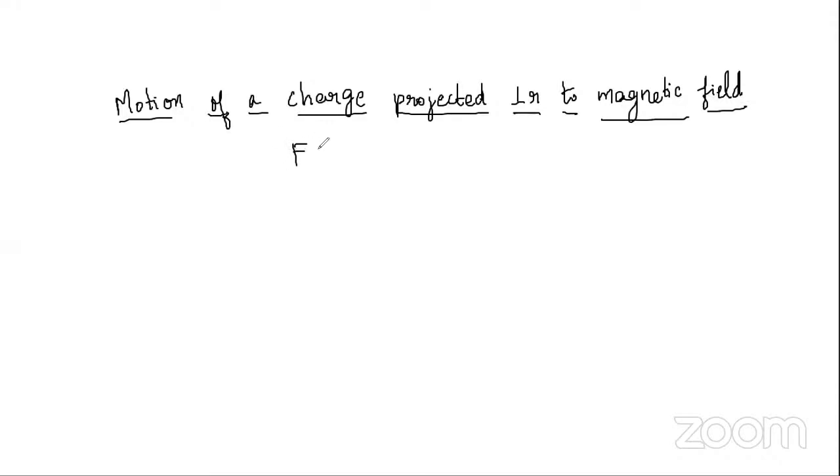So in general, the force is actually qvB sin theta. So here theta equals 90 degrees, so the force is maximum. F max is equal to qvB.